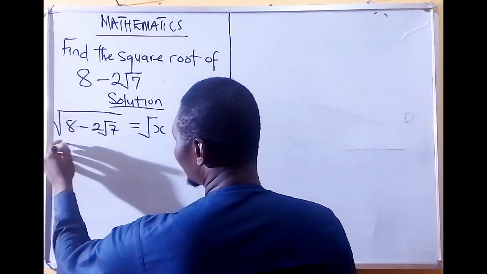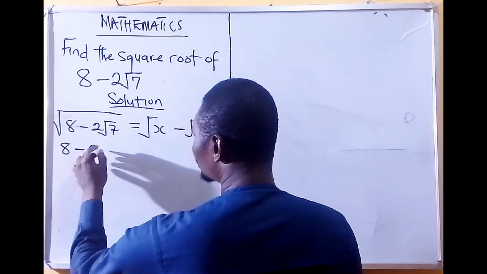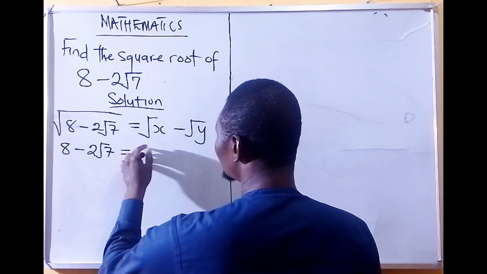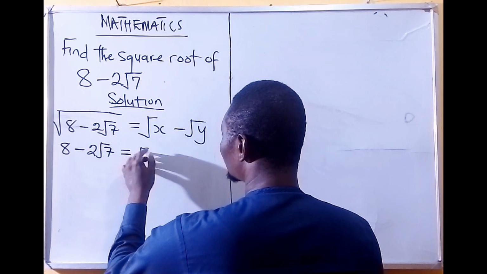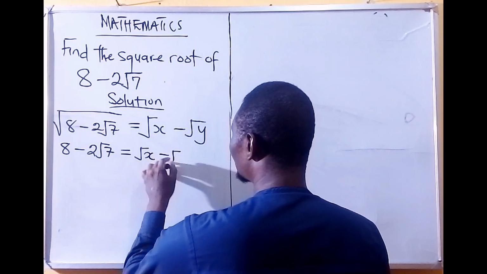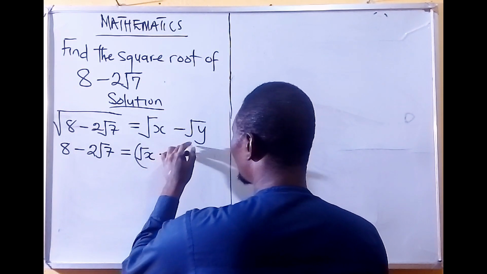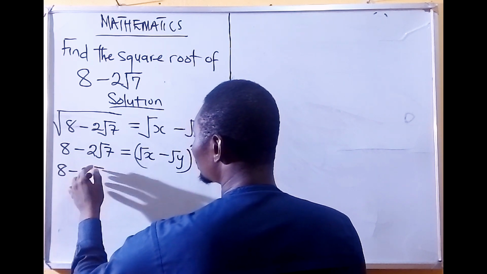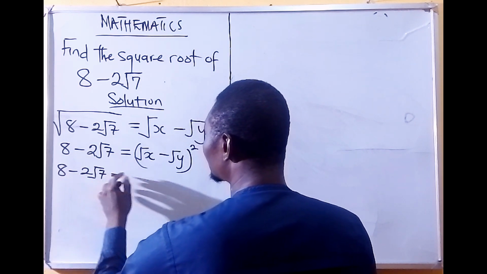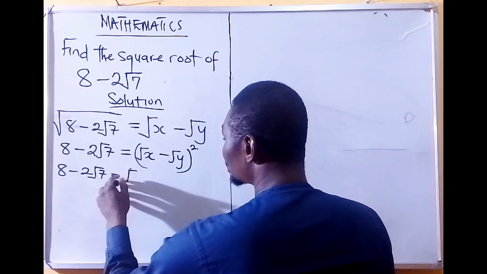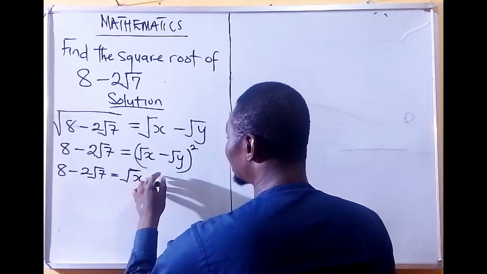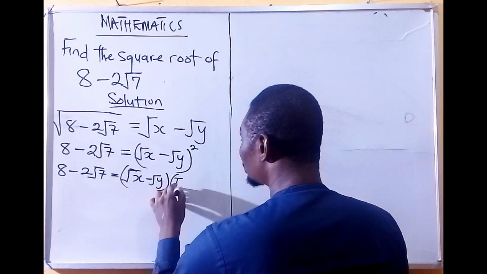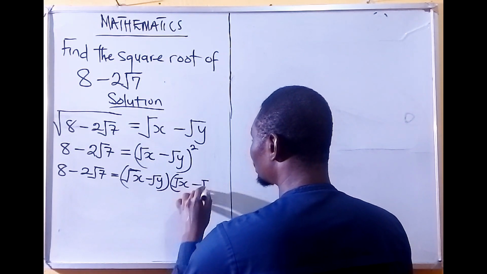So we have 8 minus 2 root 7 is equal to square root of x minus square root of y all squared. So by expansion, 8 minus 2 root 7 is equal to square root of x minus square root of y times square root of x minus square root of y.